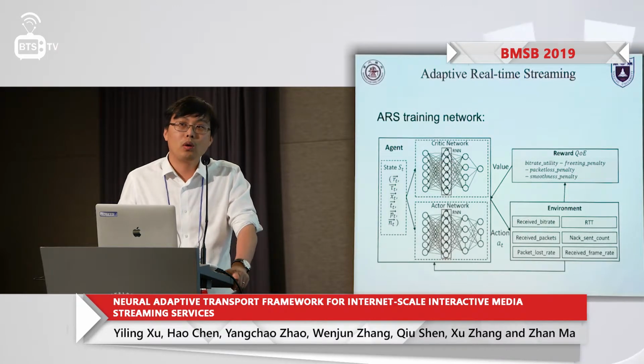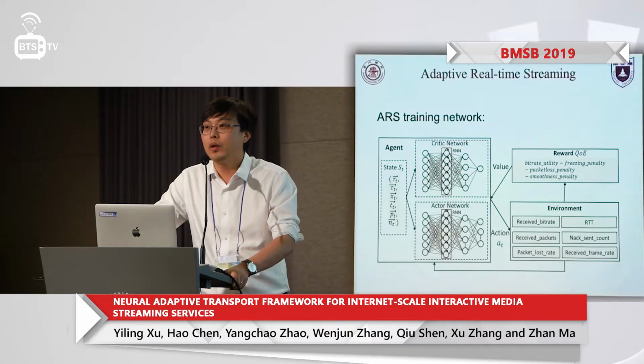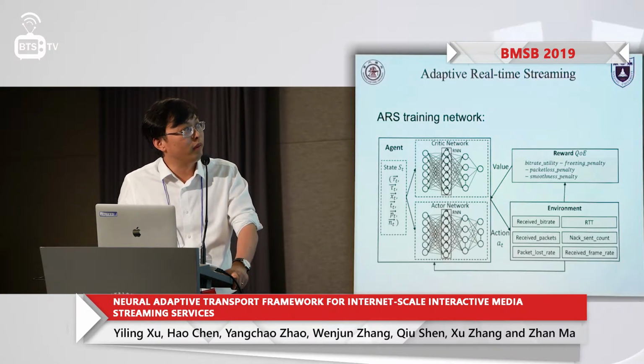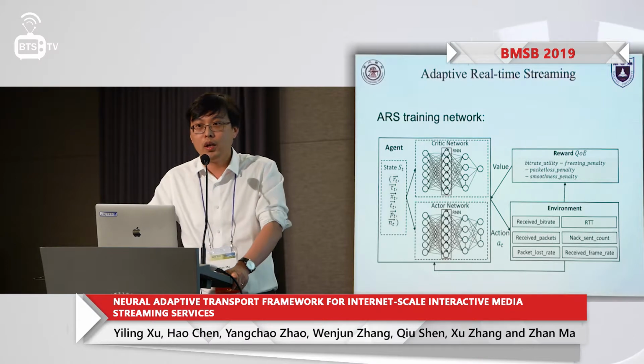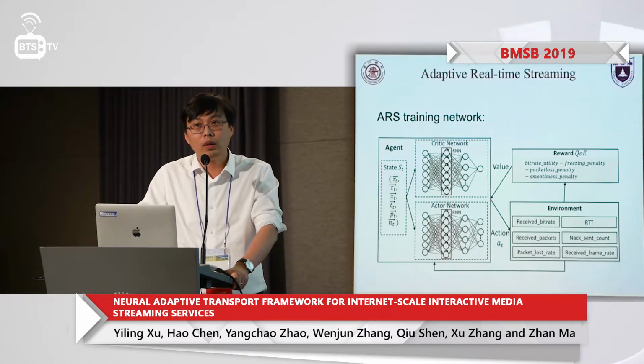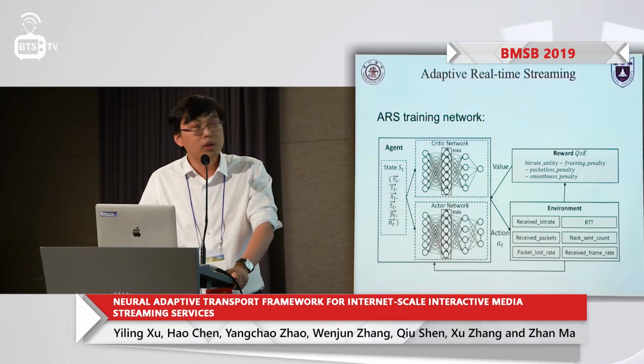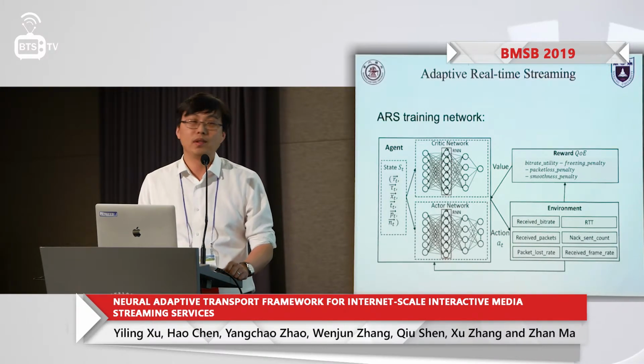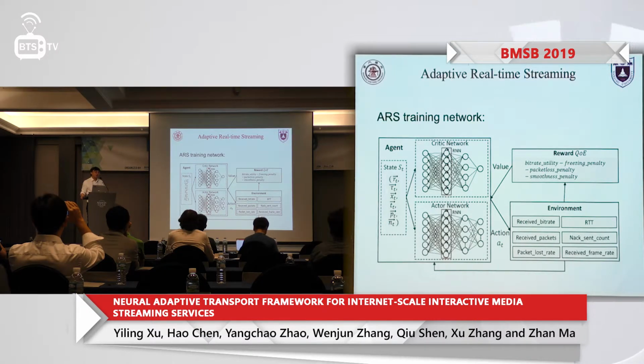So we include a lot of network parameters and QoE parameters to define the reward QoE. With this learning metric, we also introduce a recurrent network to capture temporal variations and temporal dependencies, and use them to improve the QoE.